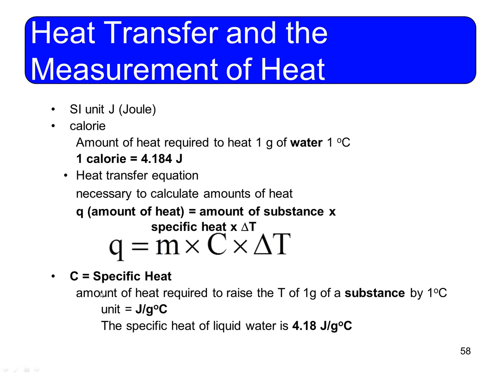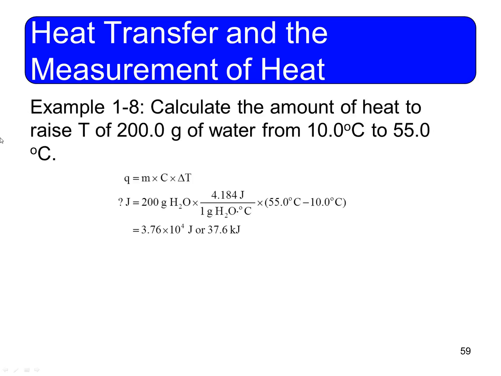And all it is is the amount of heat that it takes to raise the temperature of 1 gram of a substance, so here would be water, if we were finding the specific heat of water, by 1 degree C. And like I said, if I give you any other, even water, I'll give you the specific heat. So when you're plugging in for your C into this equation, this will be a known value. This will be something that I'll give you. And I give you the units, so you really don't have to memorize those either.